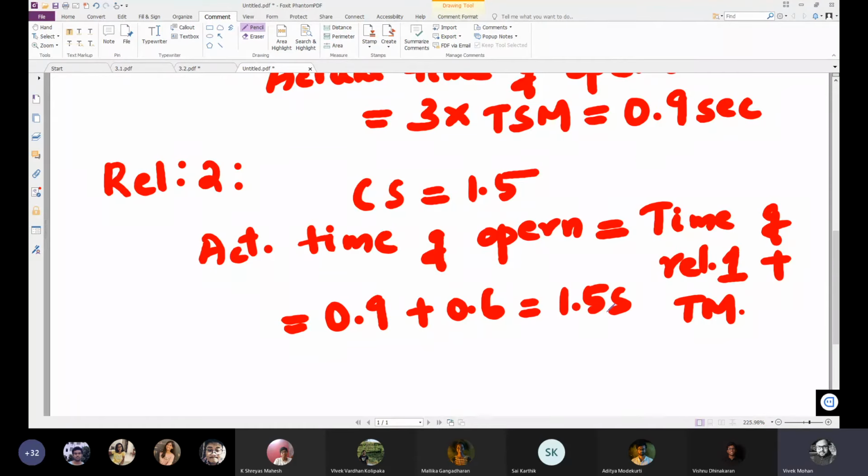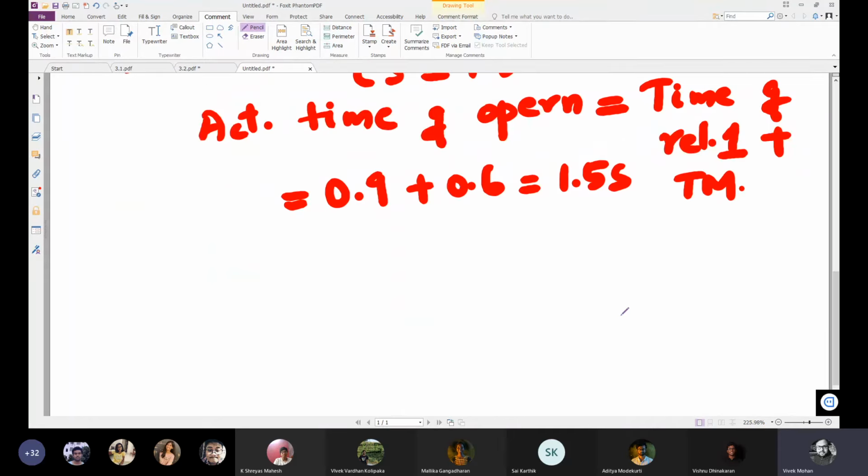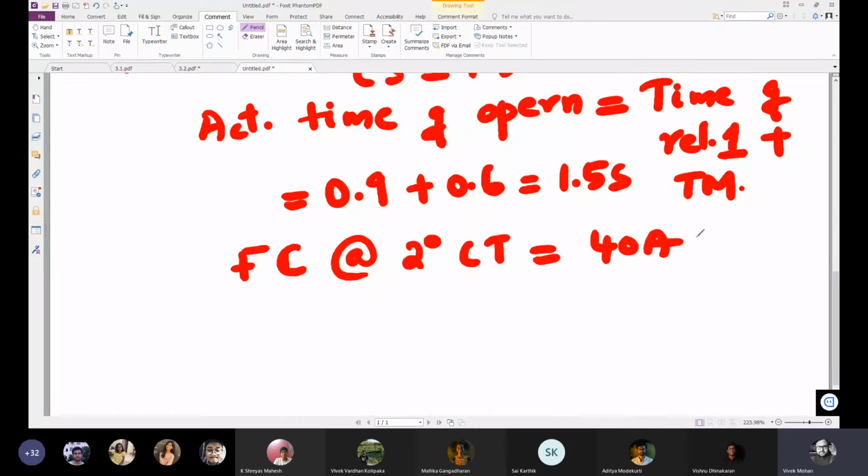Now, what about the fault current? Fault current is the same, and CT ratio is the same. So fault current at secondary of CT equals the same 40 amps.